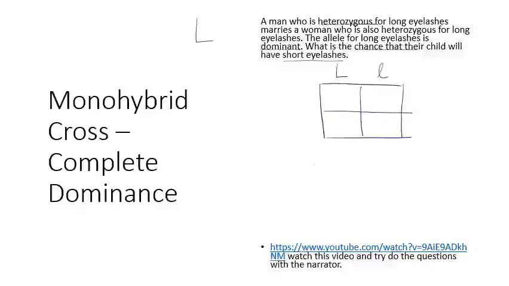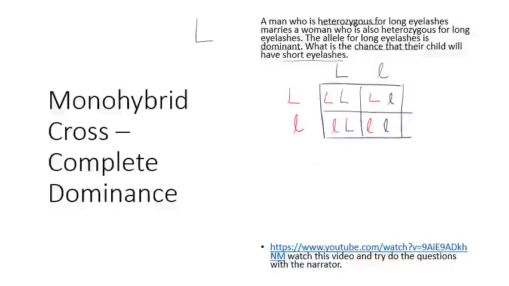And he marries a woman who's also heterozygous, so let's bring her into this, a capital L and a lowercase l. We apply our Punnett square rules. I'm going to take my L's throughout, and let me bring my male down into this party.